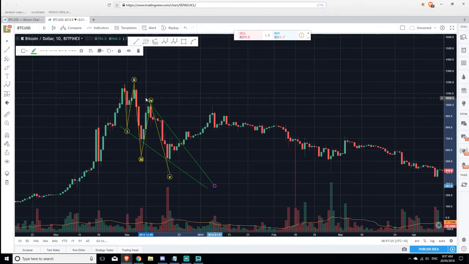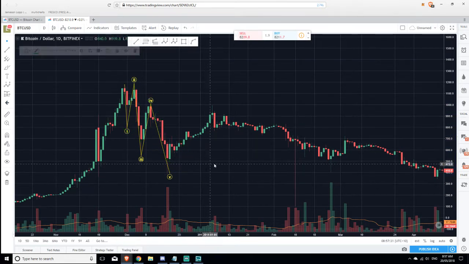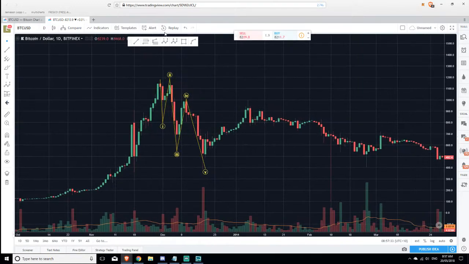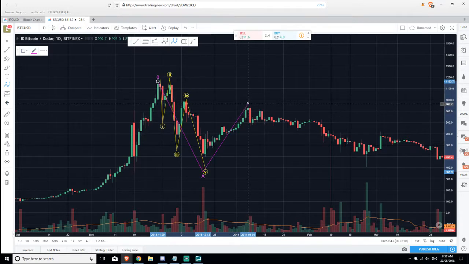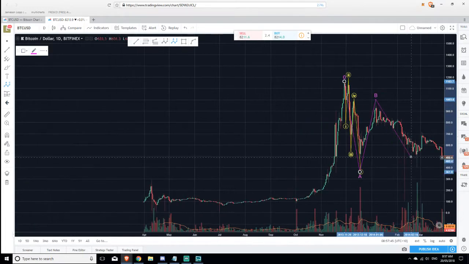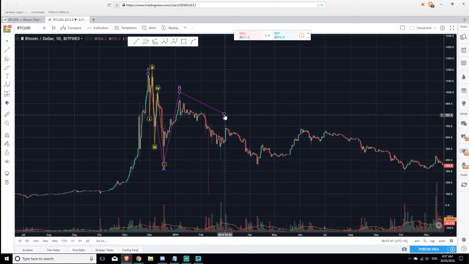Yeah, we formed a sort of wedge. So we could say that this was a leading or ending 5th wave diagonal. So there's 5 waves inside here, so this forms the first A. I can see that we topped out here in a 3-wave fashion, so 5, 3, 5, A. Then we're forming a B.